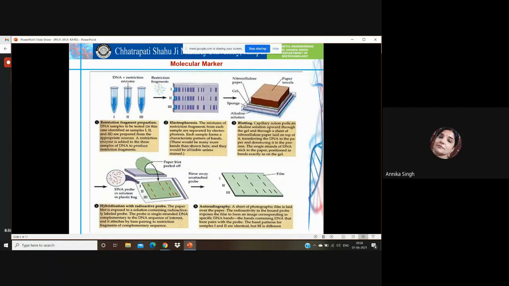So it is a detailed method of RFLP. You can see this purified DNA is incubated with restriction enzyme, and restriction fragment preparation is the first step.